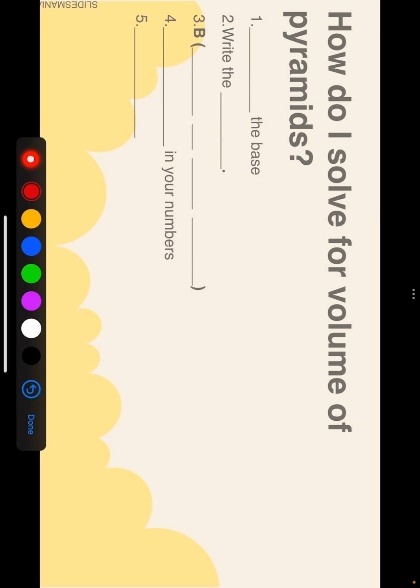Now let's go ahead and move on. So how do I solve for volume of a pyramid? It's going to be the same steps that we used previously. First things first, we're going to shade the base. Then we're going to write the formula. Like I said, these are the same steps from the past 2 days.